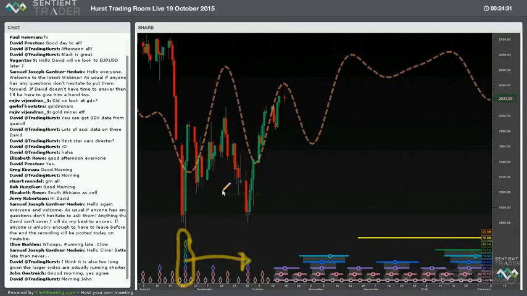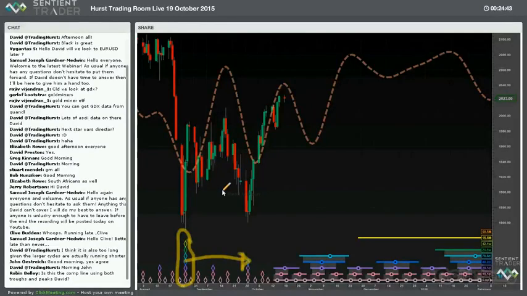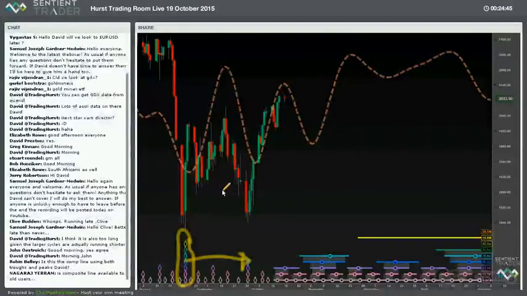The composite model takes all of that information and combines it and produces a line which is simply the mathematical result of taking all the cycle information that it has and putting it together. So it's almost as if we were taking away the price, and we're saying to Sentient Trader, okay, now show me what your analysis tells me was happening in the markets. Okay? So that's really what a composite model is. It's the composite of all those cycles.